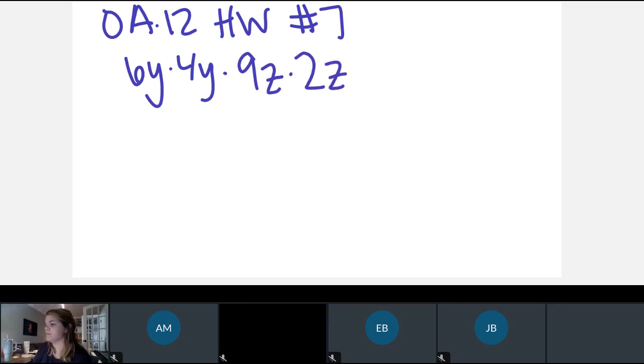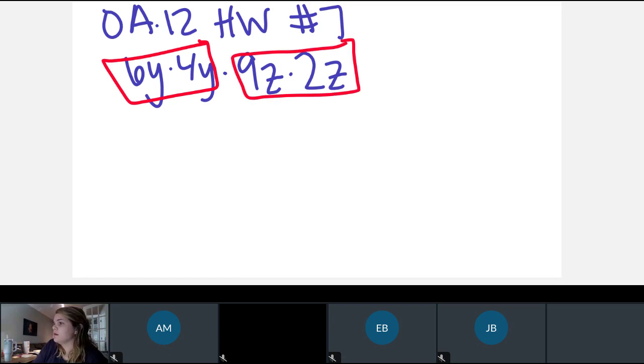9z times 2z. Okay, so the first thing we're going to do is multiply these two together and these two. Now, remember, these still have an exponent of 1. So 6 times 4 would be 24. I'm adding the exponents of the y, so 1 plus 1 is 2.